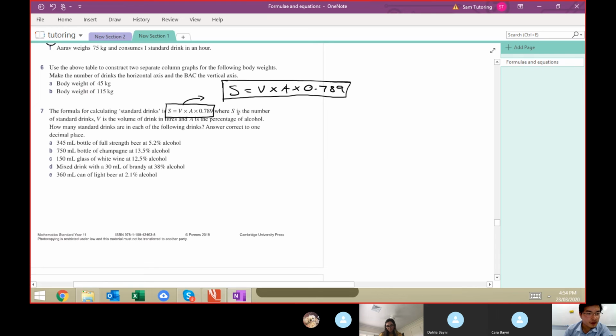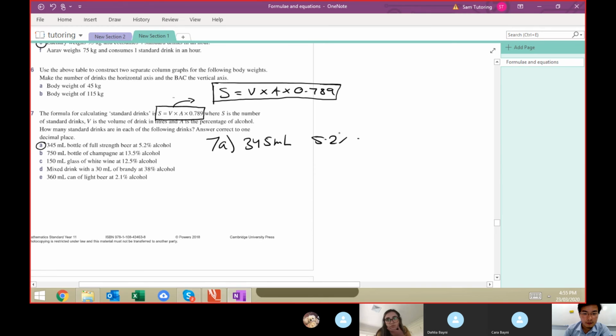Let's just do one example. The question says, how many standard drinks are in each of the following drinks? Enter to one decimal place. Let's do the very first one for an example reference. 7A is 345 mils of full strength beer at 5.2%. How would you do it?